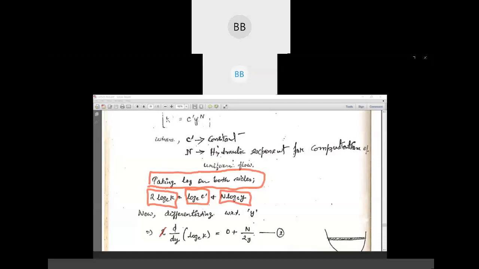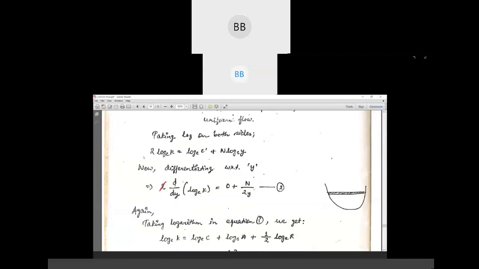So we have taken log on both sides. Now this equation we are going to differentiate with respect to y.